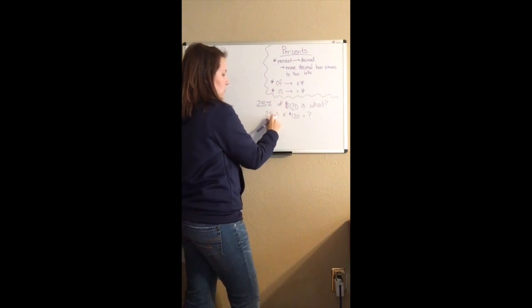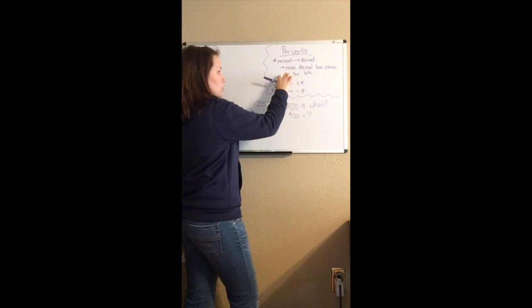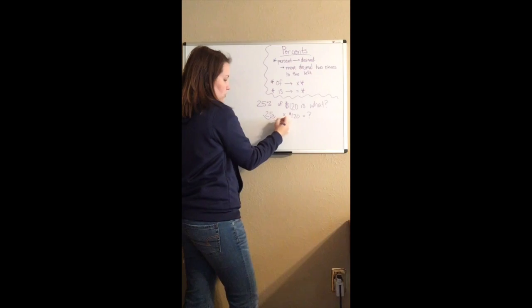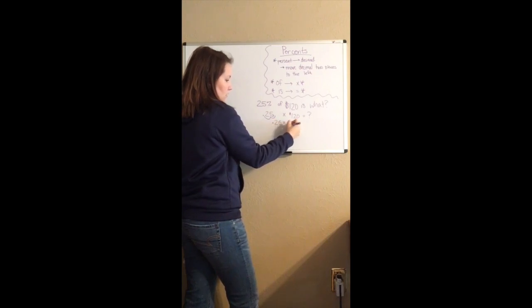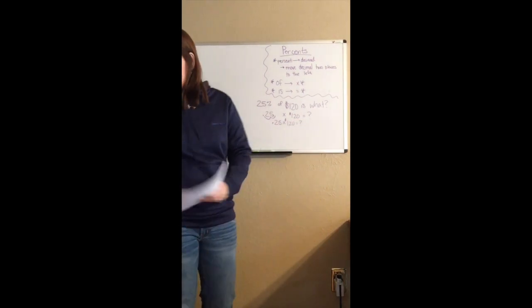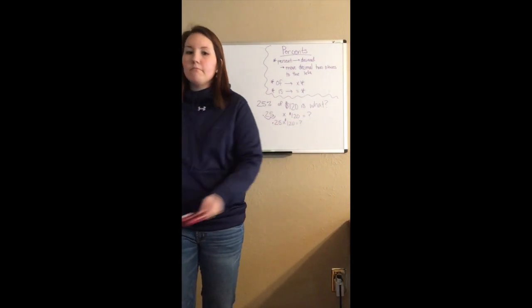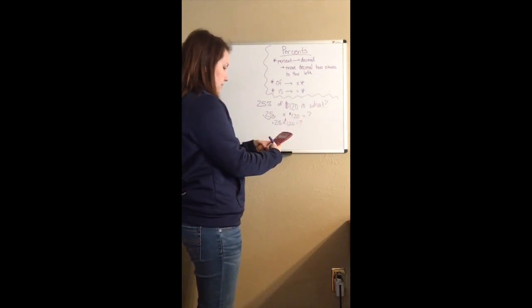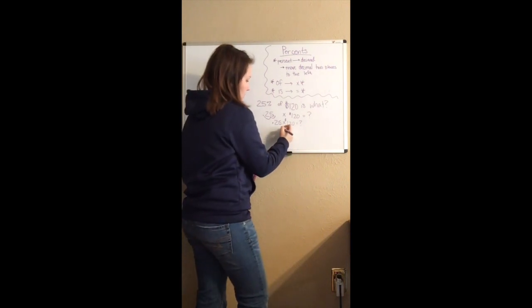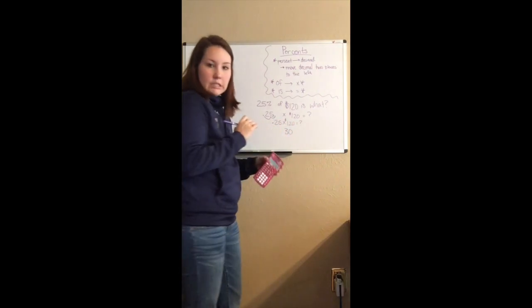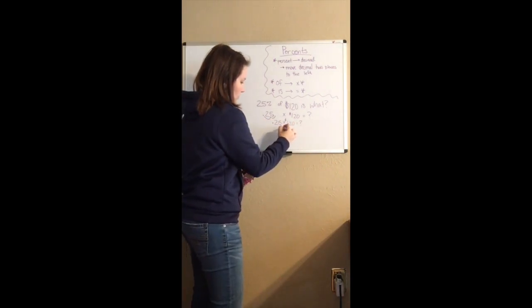So convert this by dropping the percent sign, adding that decimal to the end, 2 places to the left. So 1, 2. So 0.25 times $120 equals what? So again, I'm going to take my calculator and say 0.25 times 120 is 30. So I'm going to say 30, but since we have this dollar sign, the unit's going to be $30.